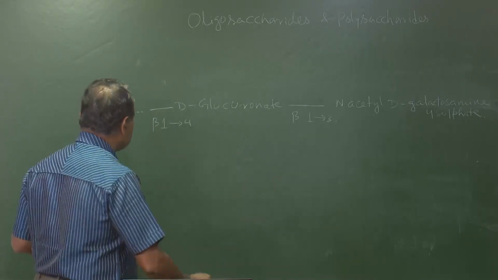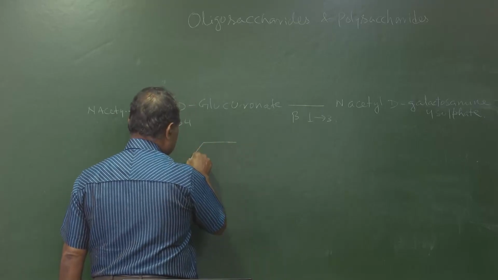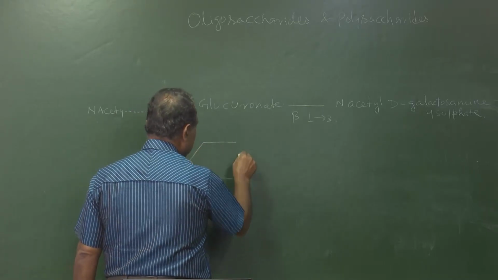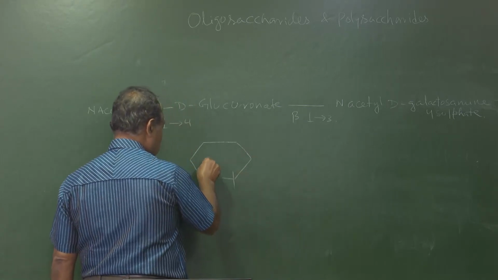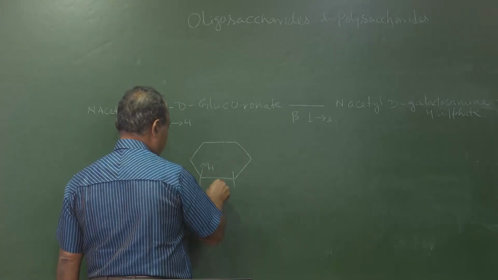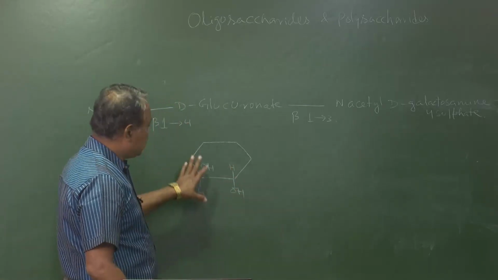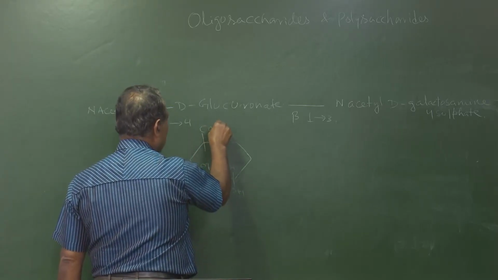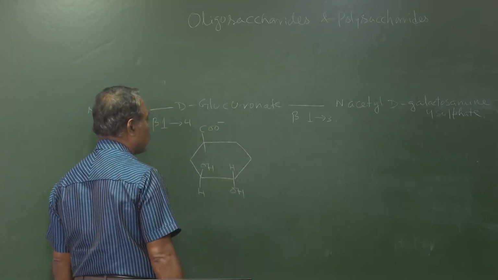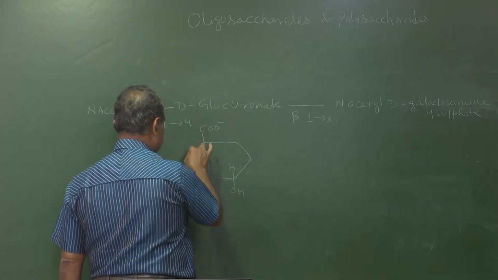Now what happens? Glucuronate. Do you recall the structure of glucuronate? Glucuronate means at the sixth position there will be COO minus. Instead of CH2OH, it will be COOH, or we can put it as COO minus.